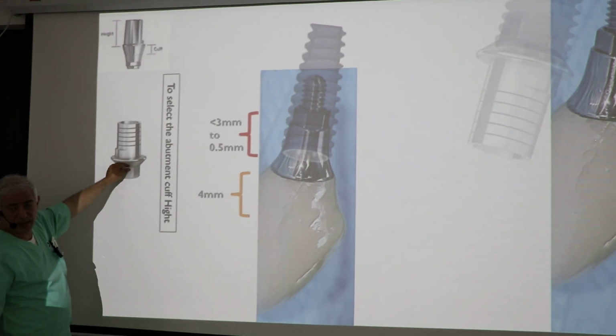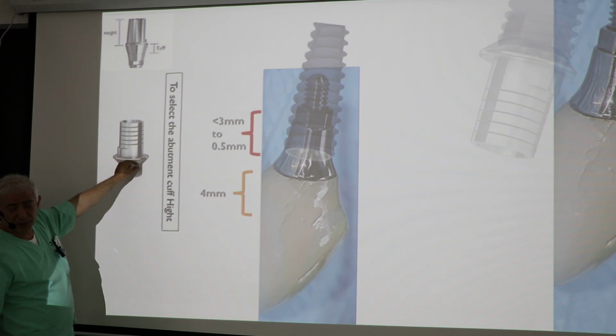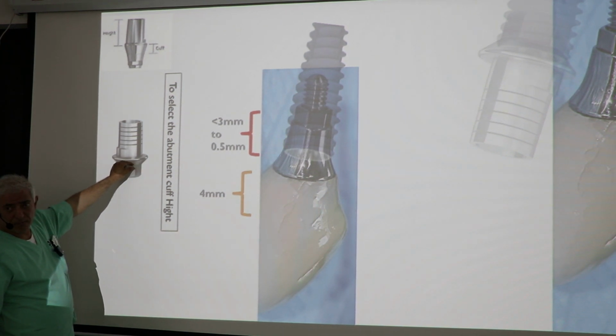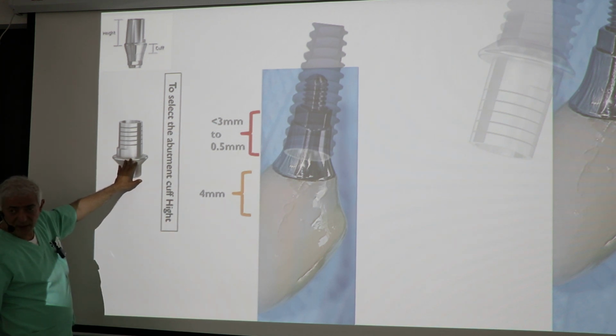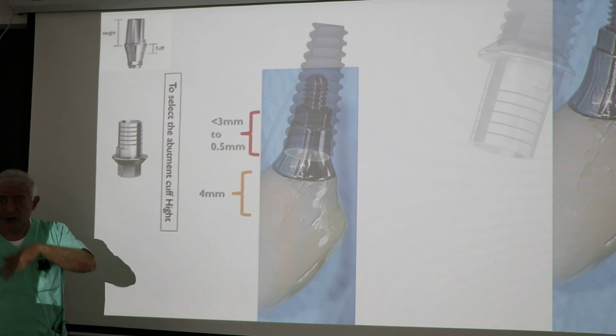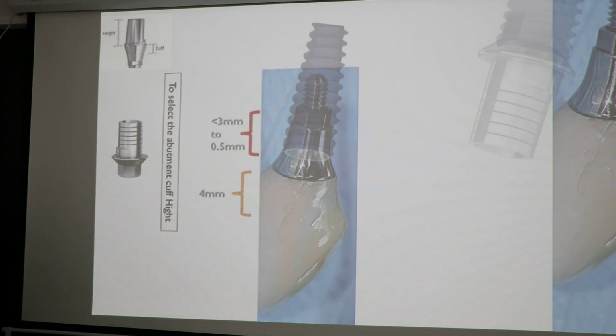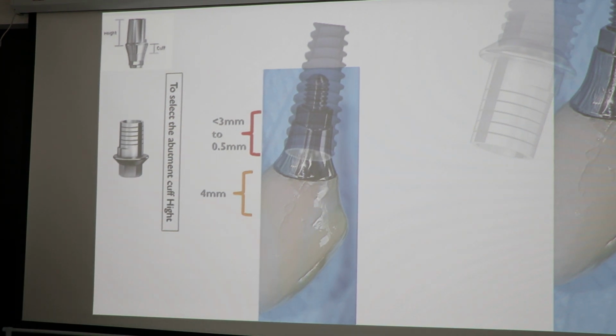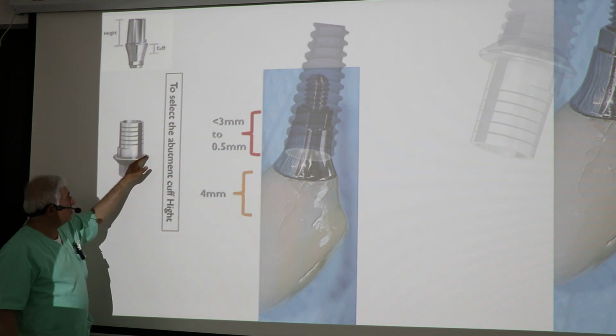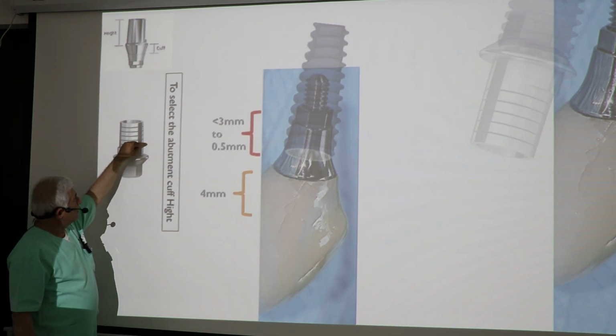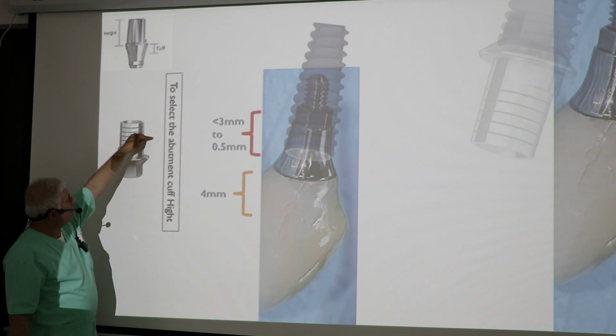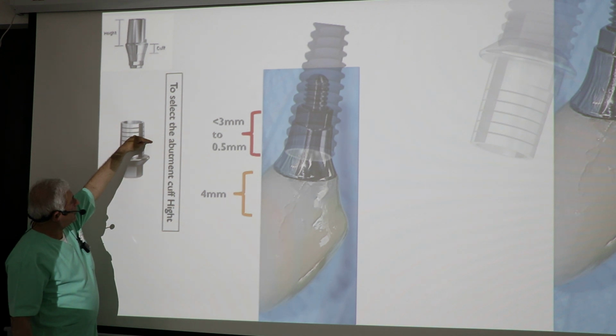So if you place the implant 0.5 millimeter below the bone, this is your best abutment if you did pay attention to the 4 millimeter of soft tissue. And once the zirconia starts here, till at least 1 to 1.5 millimeter, the zirconia will be straight and it will not be glazed.